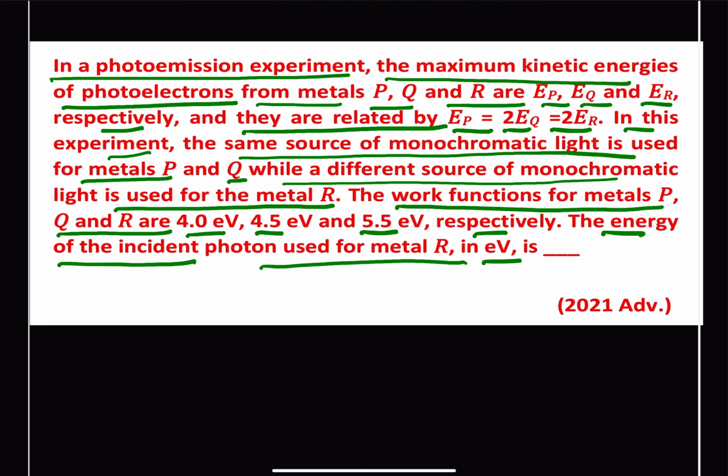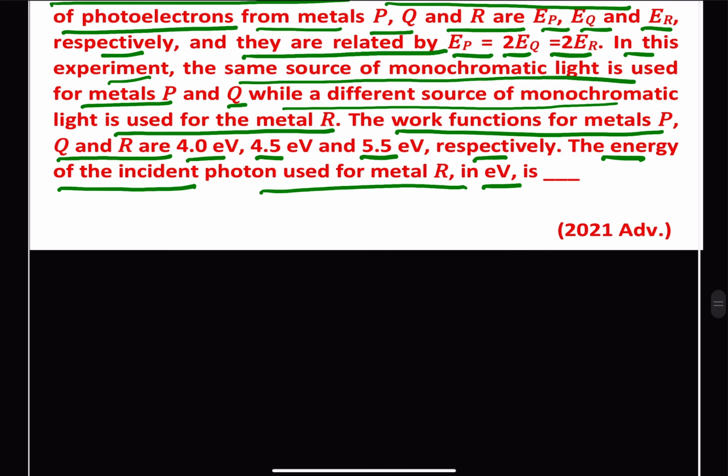So in this case, we have to remember that the P and Q are having a same source and R is having a different source. So we are going to start with the photoelectric equation and then move forward.